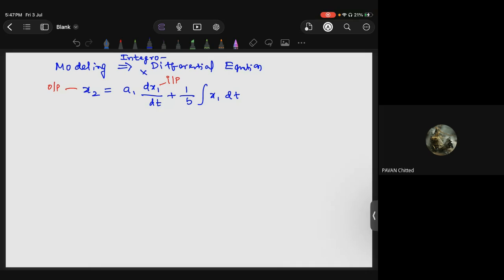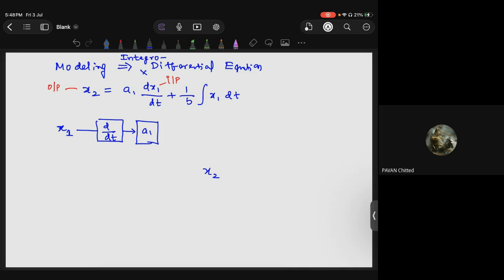I'll take x1 here and x2 here. Now for x1, in the first term we are differentiating x1, so we say d by dt. Then we are multiplying with a1.